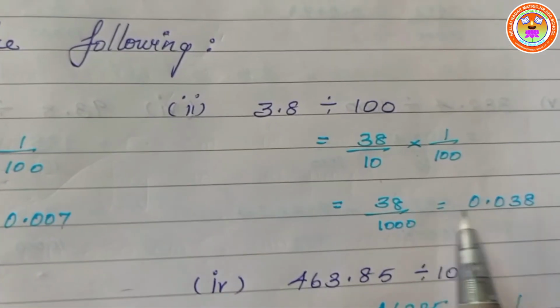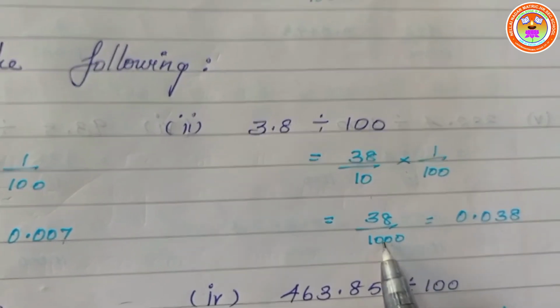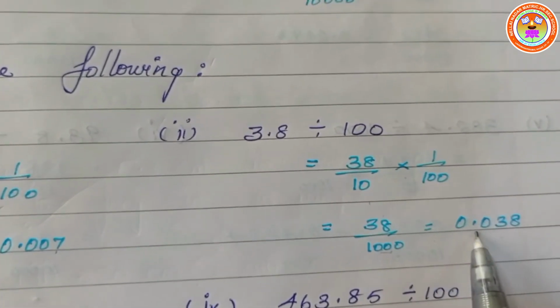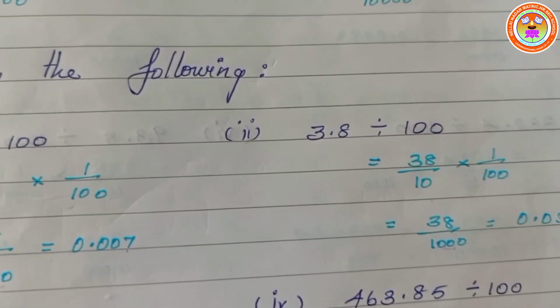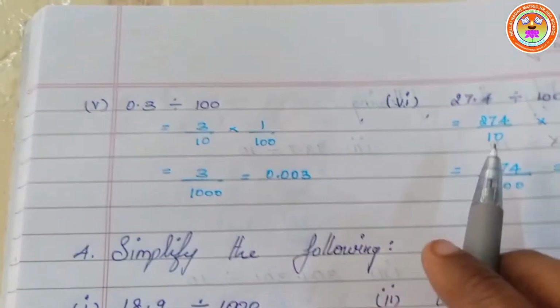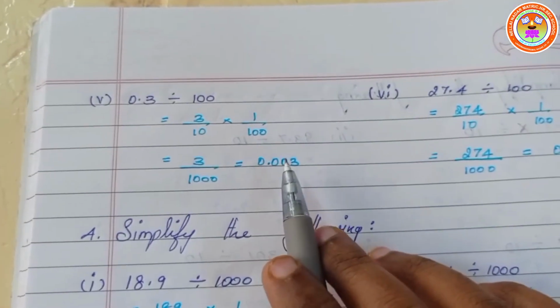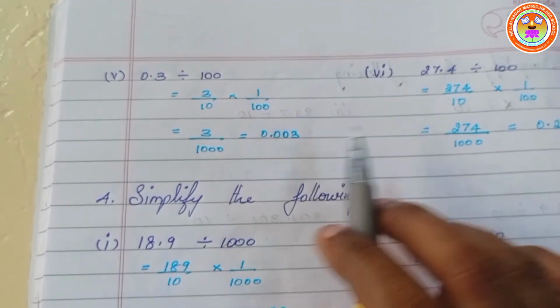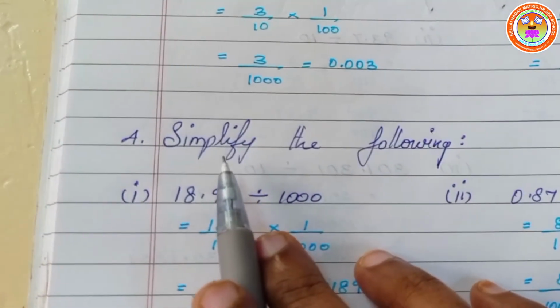So which can be written as 0.038 because of 3 zeros. Here you have 3 places of decimal. Understood, no? The remaining sums you have to repeat the same procedure. Okay. So you can do it on your own and the notes will be sent to you. Okay. Now here we will move on to the fourth one.